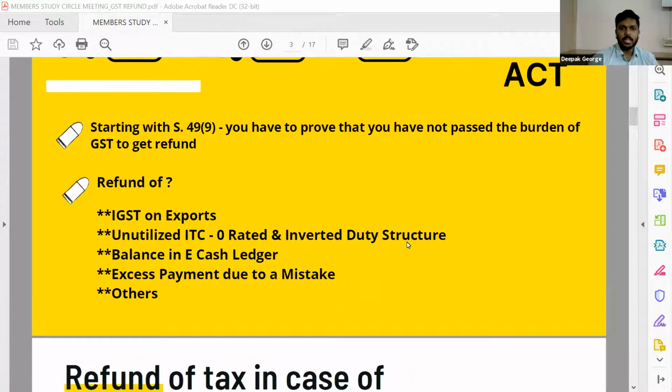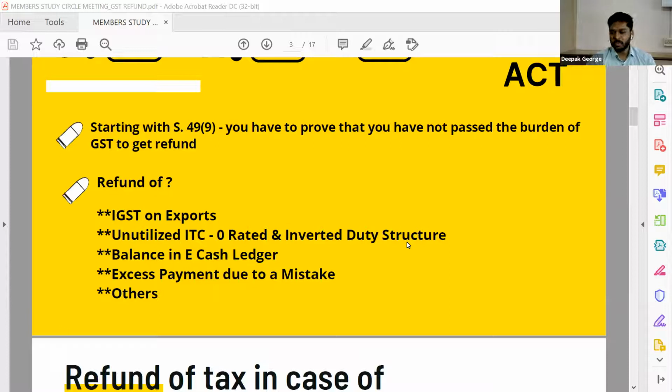As discussed before, what can you claim a refund of? IGST that you pay on exports, that is, you are supplying goods and services outside the country. You can claim refund of the unutilized input tax credit lying in your electronic credit ledger because you are exporting services and goods. And there's a concept called inverted duty structure, which is a big concept in itself.